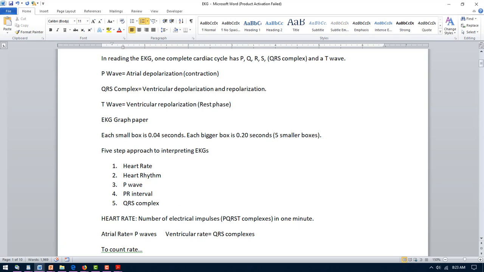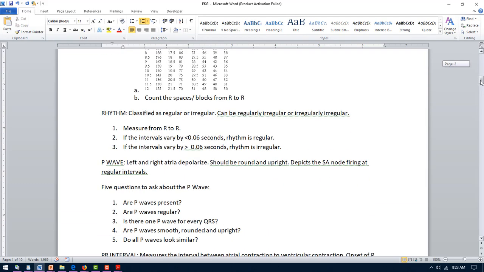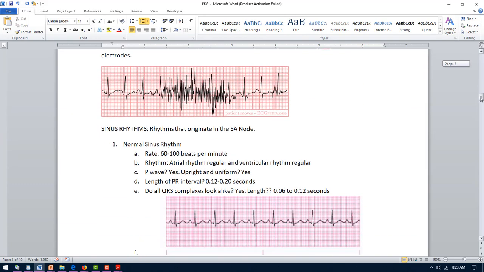So if we go to our heart strips, looking at these boxes, each tiny little box in this box right here, I'm really hoping you guys can see my mouse, is 0.04 seconds.